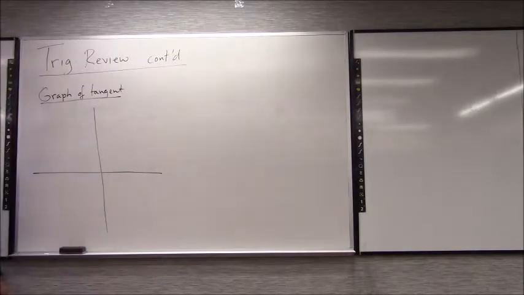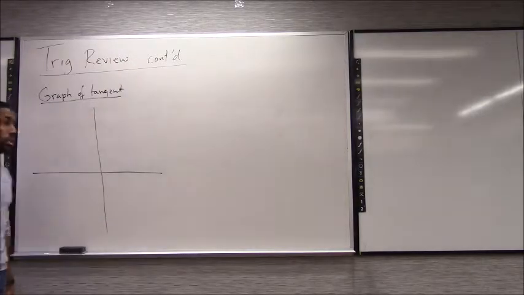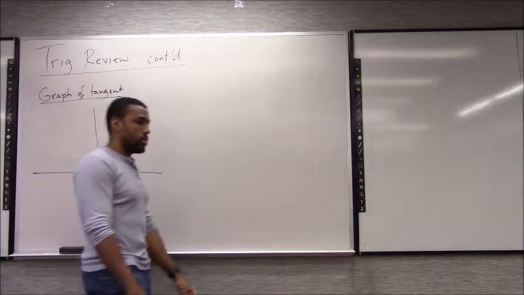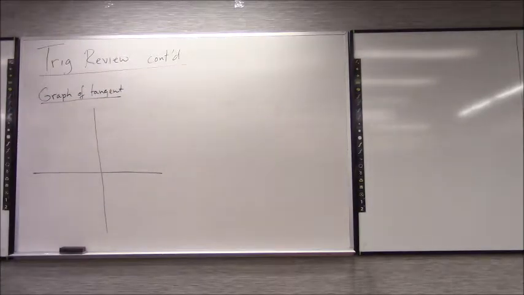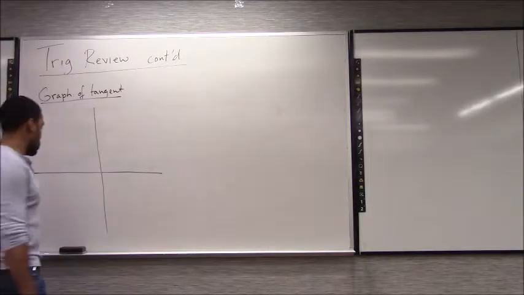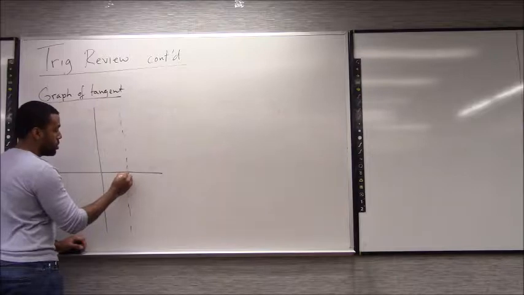Remembering that tangent of x is actually sine of x over cosine of x, that's how you get tangent of x. That's clearly undefined every time the cosine is 0. And we know that the cosine is 0 at every odd multiple of pi over 2. So the first one is going to be at pi over 2.